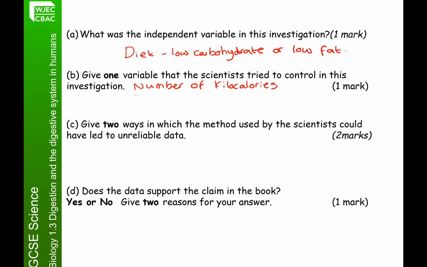The other things that they would have controlled were the exercise, the group meetings, and the number of volunteers.